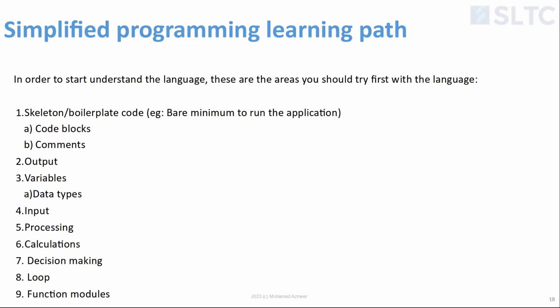Once you master that, go to outputting. How do I output something with Java? How do I output a number? How do I output a letter? A bunch of letters called a string. And when it comes to numbers, how do I output a number with decimal places? Can I output Sinhala and Tamil? So all that comes under output.